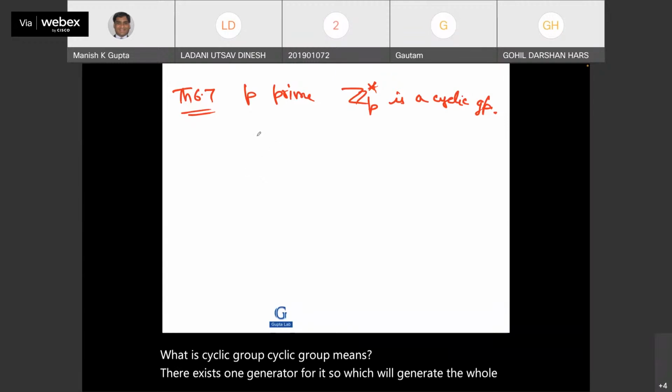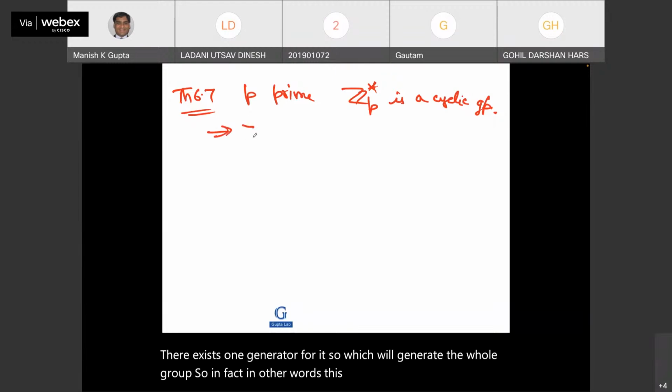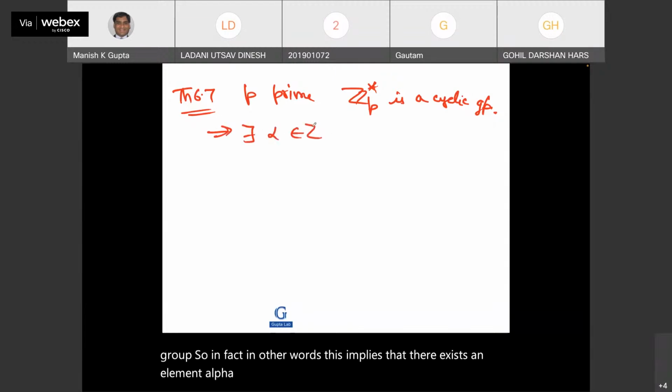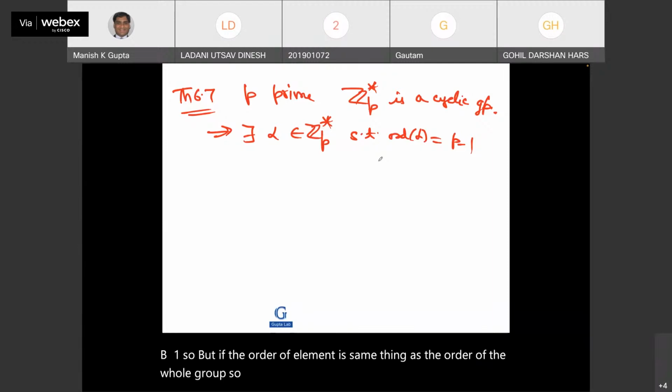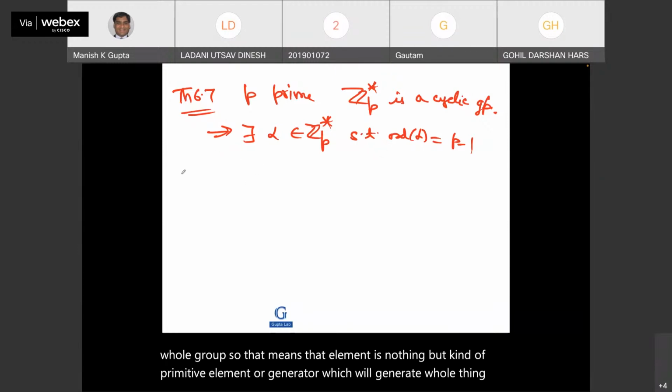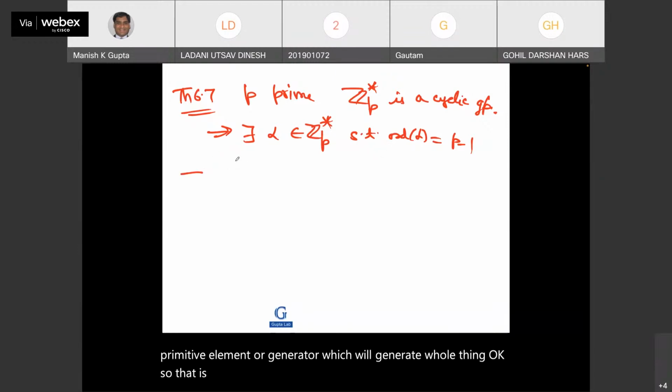So in other words, this implies that there exists an element alpha in Zp star such that the order of alpha is p minus 1, because the order of Zp star is p minus 1. If the order of an element is the same as the order of the whole group, that means the element is a primitive element or generator which will generate the whole thing.